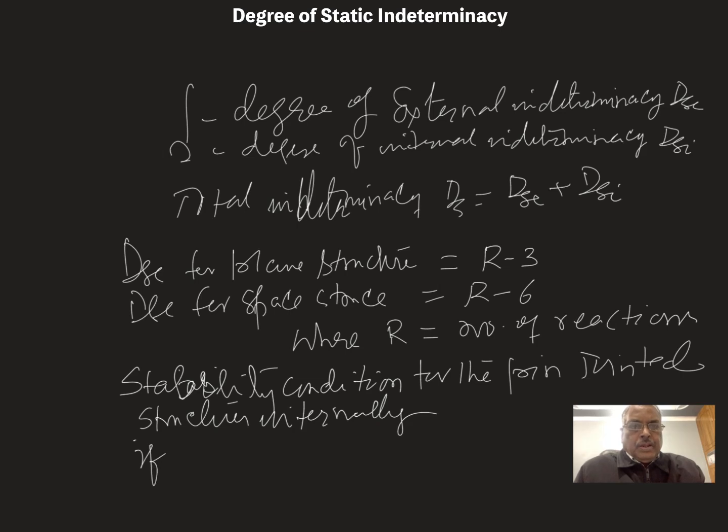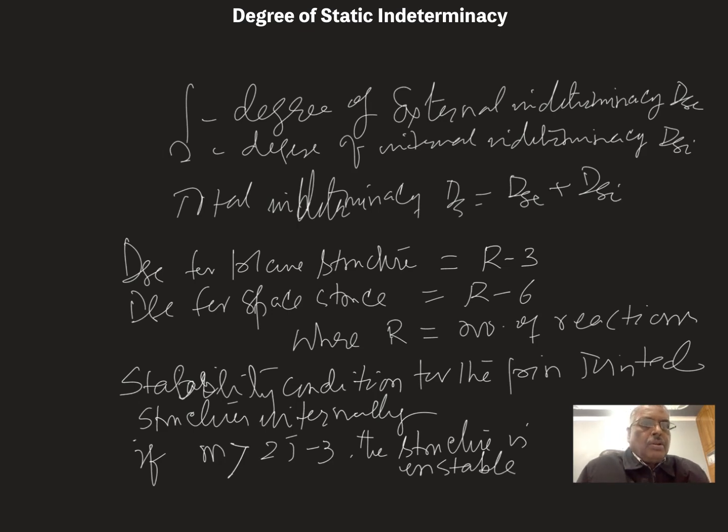If M is greater than 2J minus 3, where M is the total number of members of the structure and J is the number of joints, the structure is unstable.